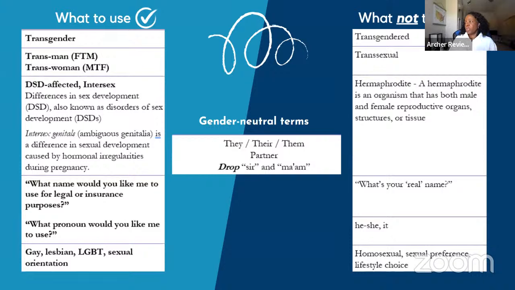Gender neutral terms are using they, their, them, partner. And I know we're well in the Texas area. We're very hospitable and have these good manners where everyone always says sir or ma'am. It's hard to get out of those habits of saying yes, ma'am, yes, sir, but we want to kind of drop the sir and ma'am as another way of respect for how they identify, if that makes sense.